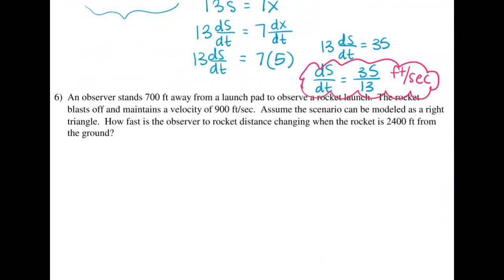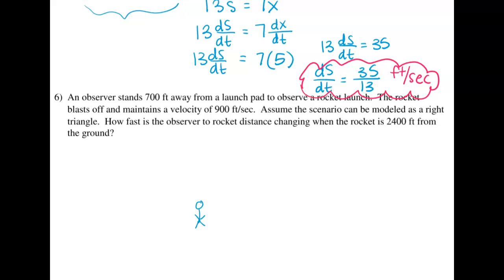So now we have an observer standing 700 feet away from a launch pad to observe a rocket launch. The rocket blasts off and maintains a velocity of 900 feet per second. So if we think of a picture here, we have basically a person right here, okay? He's watching the rocket launch.